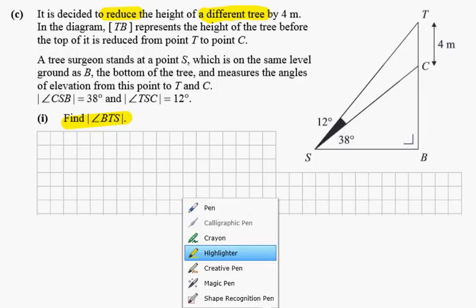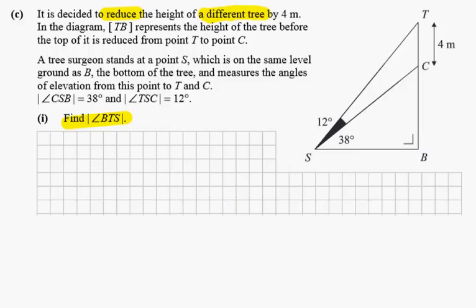Top angle. Okay. Now, I always ask this question, okay? How many triangles do you see there? 3. You see the top one, the bottom one, and the big one that does the whole thing. I ask you to look at the big one, because BTS belongs in that one as well. And we also know that that's 90 degrees.